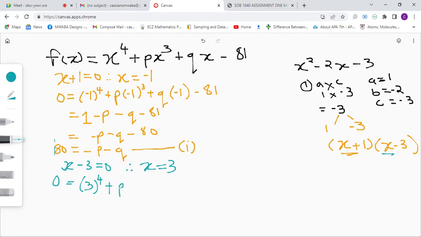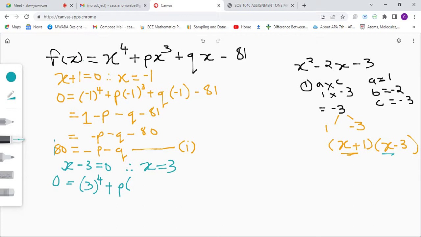That's the factor theorem. The factor theorem states that when you input these critical values into a certain polynomial, in this case this polynomial here, you're supposed to get 0.